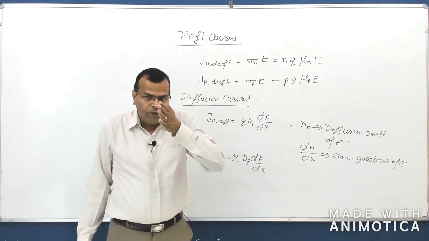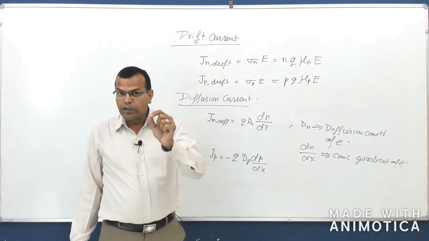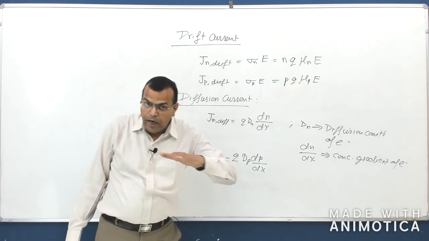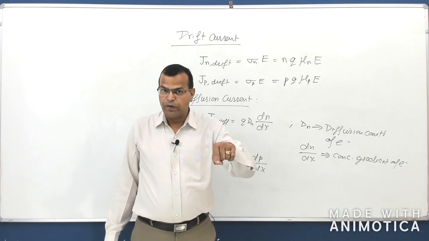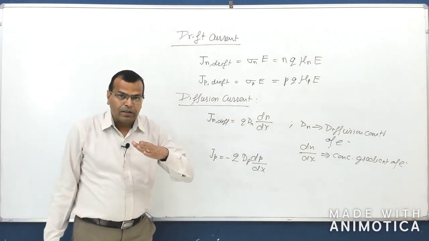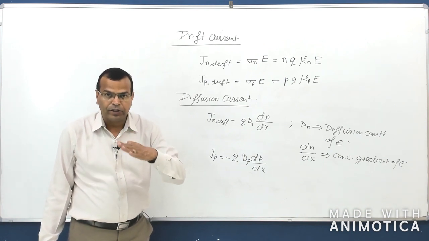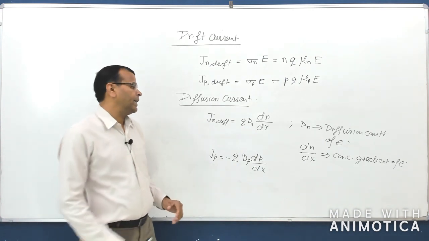If holes are flowing from higher concentration to lower concentration, that means there is a negative concentration gradient in the direction of flow of holes, and current is flowing in the direction of flow of holes. So the current is flowing in the direction which is having negative concentration gradient of holes. That is why it is negative.